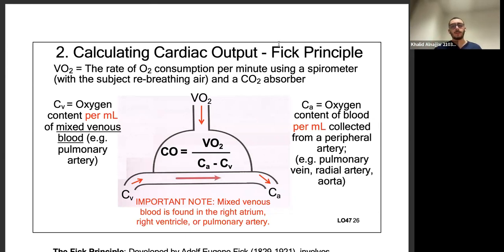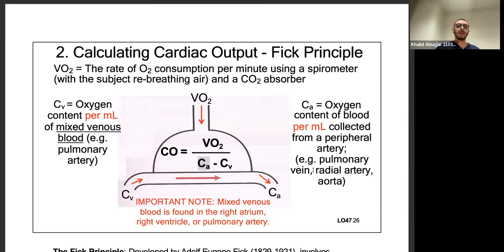So this scientist, whose last name is Fick, came up with this equation, which says VO2, or the volume of oxygen you're breathing in, over the difference between CA minus CV. CA is the oxygen content of the blood in the peripheral arteries, such as the radial artery or the pulmonary vein.